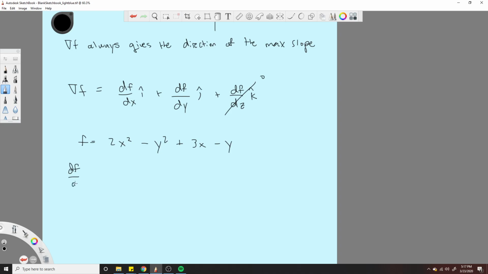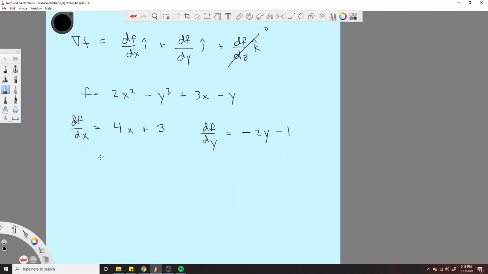So df dx: the derivative of 2x squared would be 4x. The y you can treat as constant in this situation. Plus 3, that'll be a 0. Df dy is going to be equal to -2y minus 1.